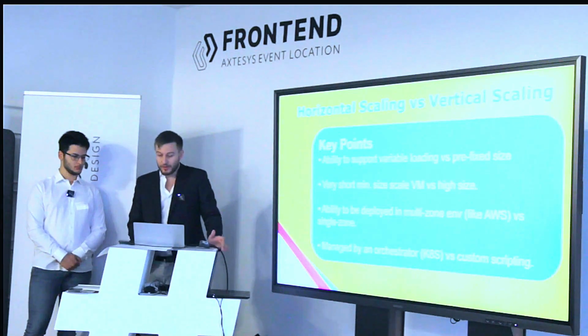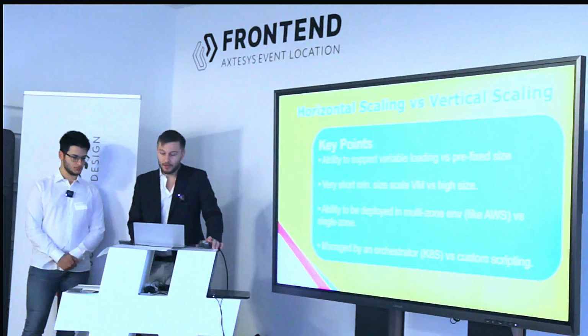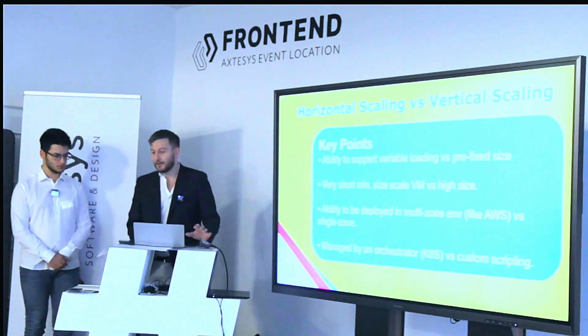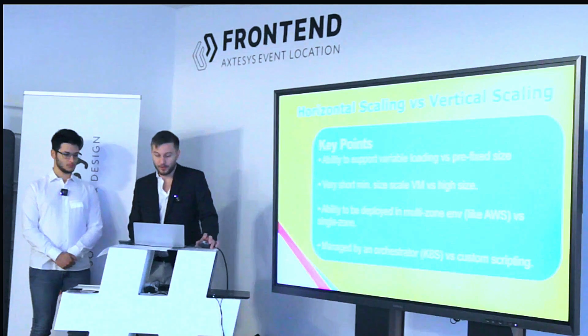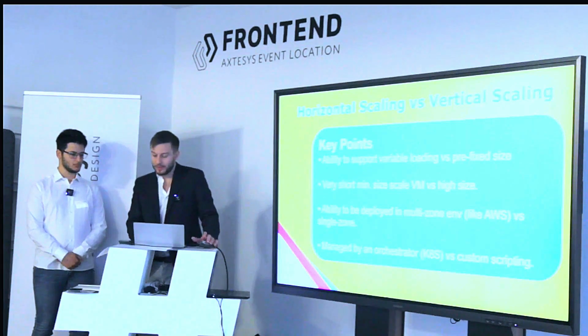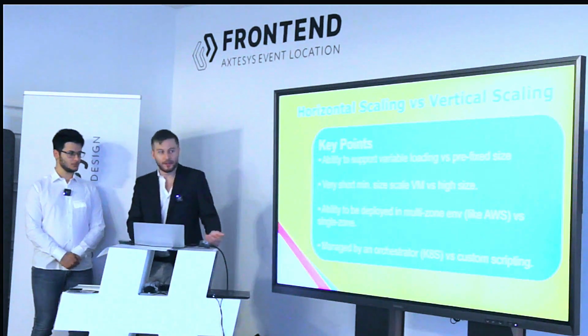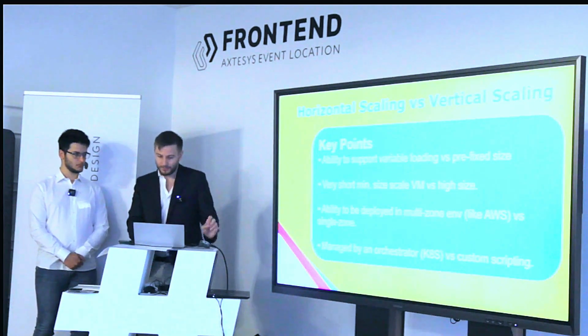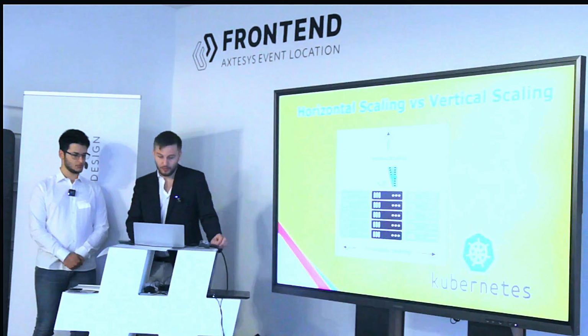And of course, the most important thing about horizontal scaling is that the entire procedure is supported by an orchestrator, instead of vertical scaling, which is always demanded to custom scripts written by us in order to manage the different virtual machines.